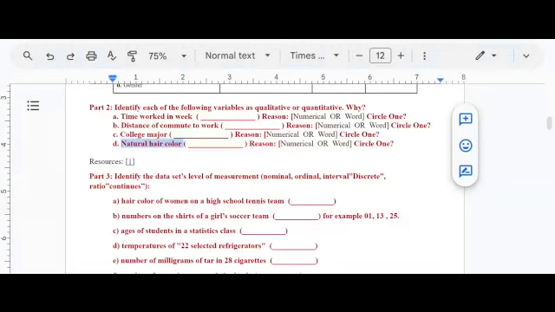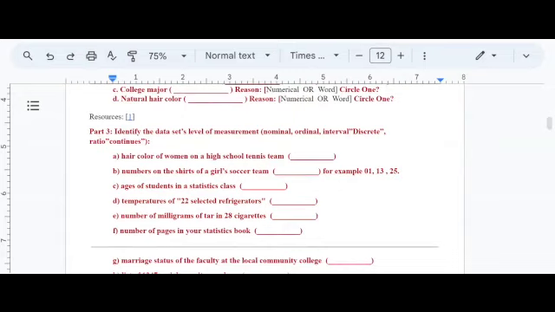What's her name? Hair color. It's a word, right? So we say qualitative or categorical. Okay, so we have more examples here. Part 3, can you do this now on the computer?